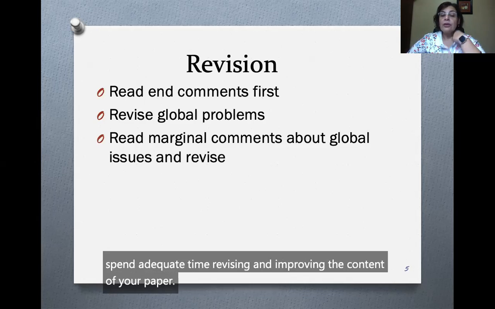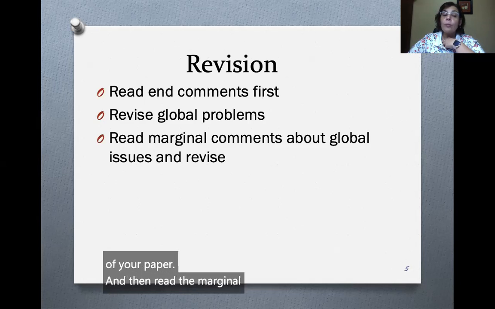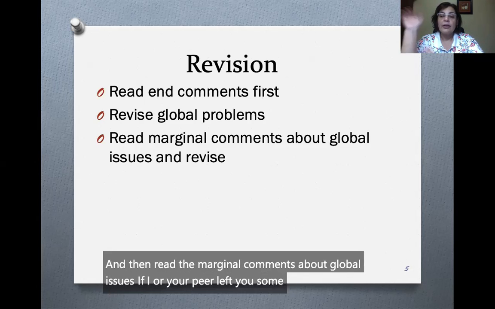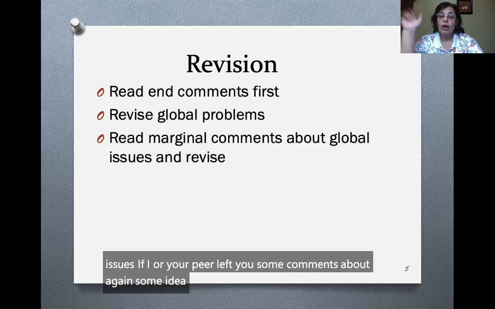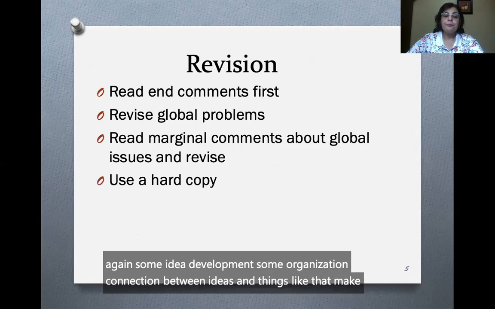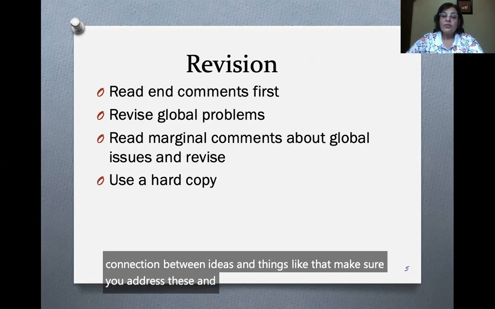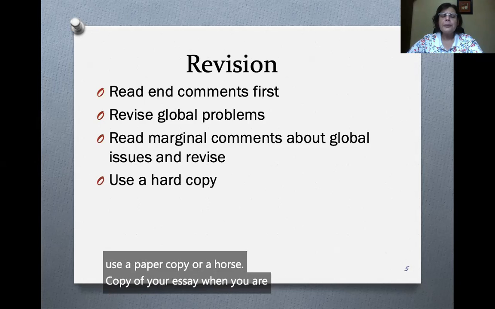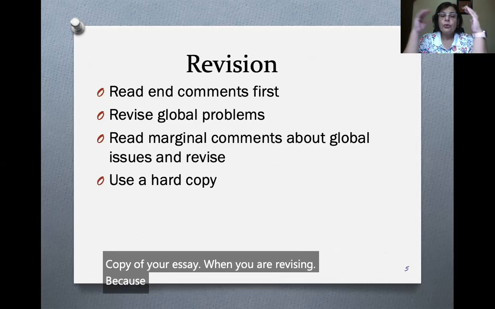And then read the marginal comments about global issues. If I or your peer left you some comments about, again, idea development, organization, connection between ideas and things like that, make sure you address these. And then I always recommend that you use a paper copy or hard copy of your essay when you are revising, because it keeps your attention very focused on the paper instead of the screen.